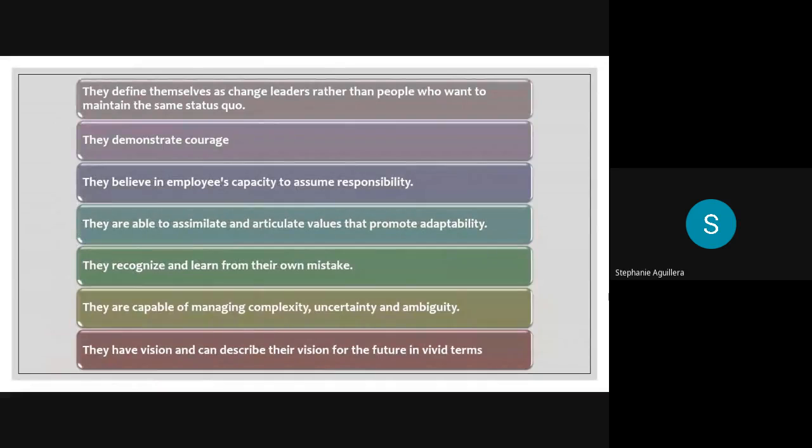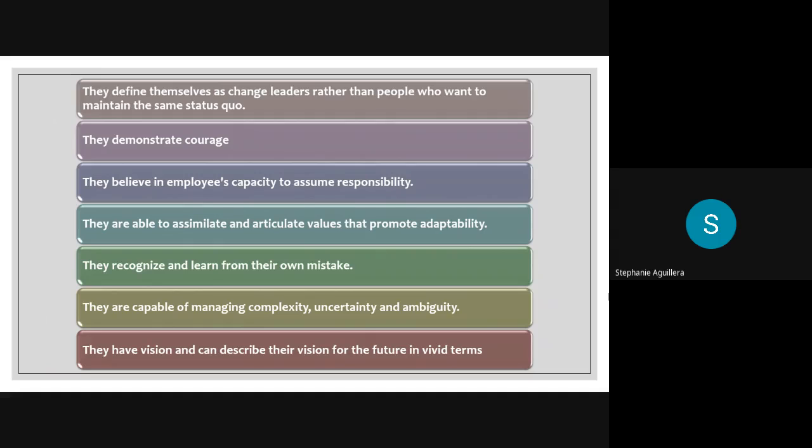They define themselves as change leaders rather than people who want to remain in the same status quo. They demonstrate courage. They believe in their employees' capability to assume responsibility. They are able to assimilate and articulate values that promote adaptability.